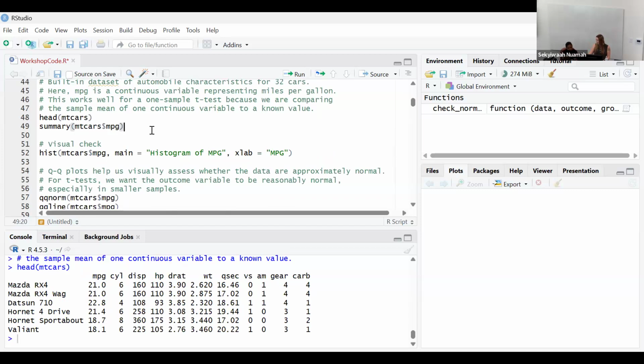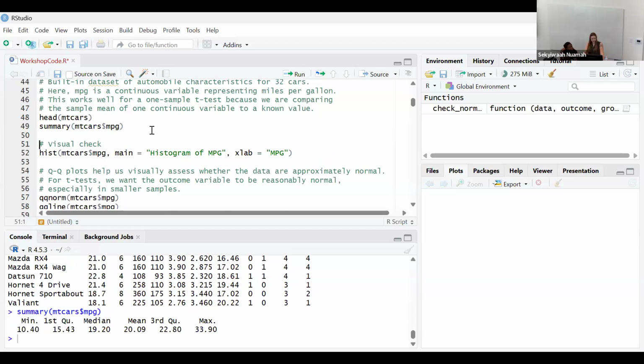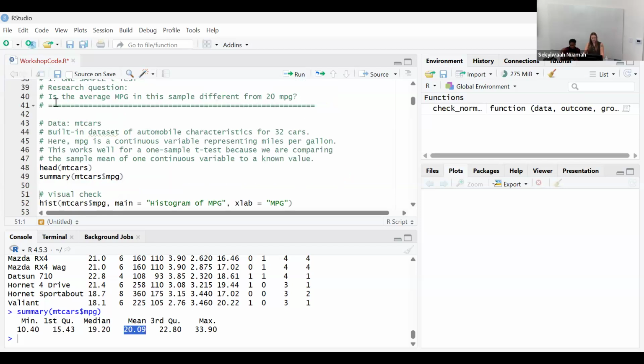Then we'll go ahead and run the summary. Let's just look at this here. We can see the mean of the data is already at 20.09. So the research question is, is the average MPG in the sample different from 20 miles per gallon?